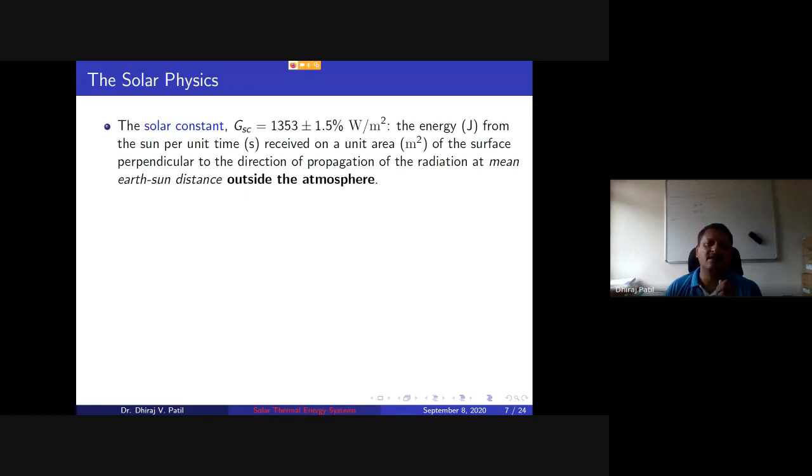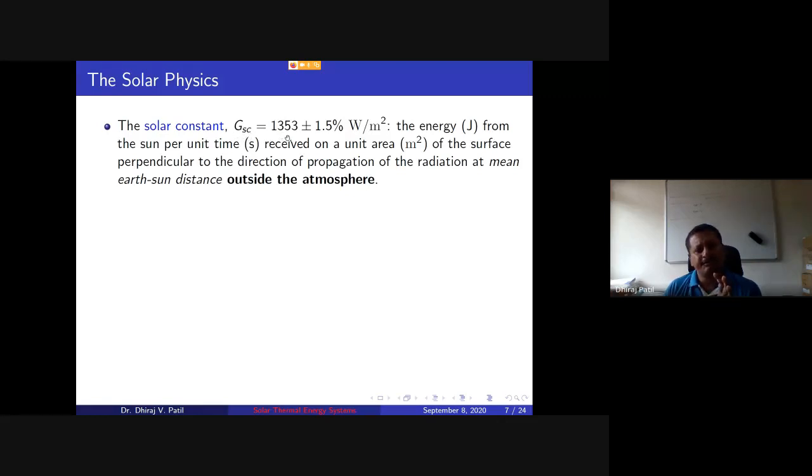On the space stations, this is the energy that is being received, and this energy is diminishing. We should keep in mind that this watts per meter square was probably measured a few years ago, but we constantly monitor this solar constant, denoted as GSC, where SC is for solar constant.